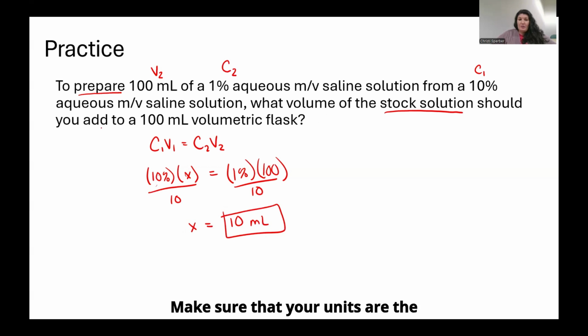Make sure that your units are the same, so whichever unit your V2 is in, your V1 is going to be in that volume, and then make sure your concentration units are the same as well. I kept my concentration units in percents, so I can just keep them as a 10 and a 1.